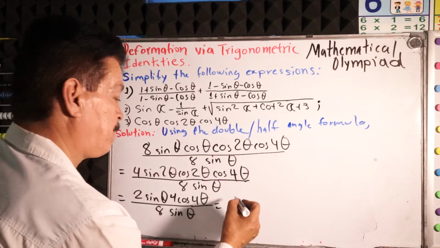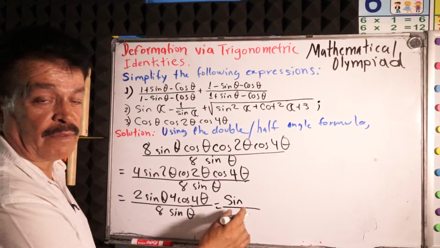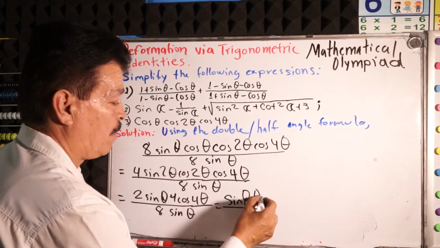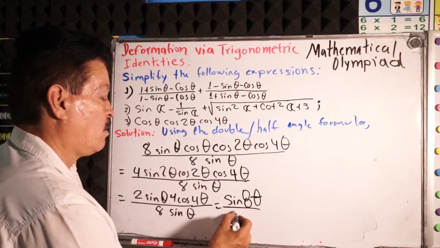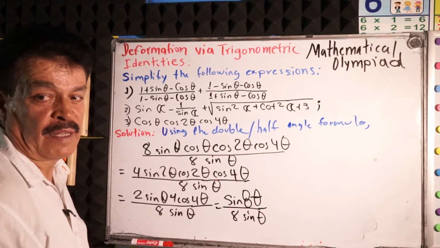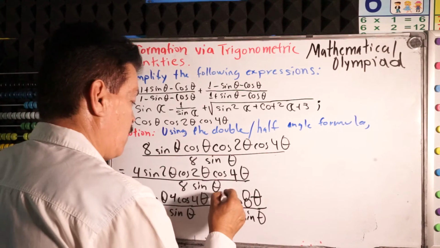Simplify here, sine of 8 angle, remember it's not 0, it's the angle which we are talking about. So 8 sine of the angle. This is actually the simplest form.